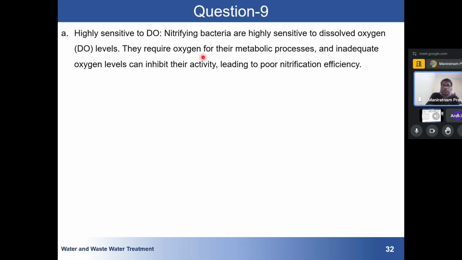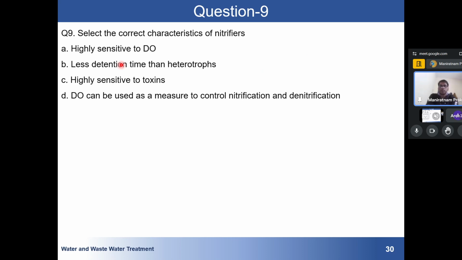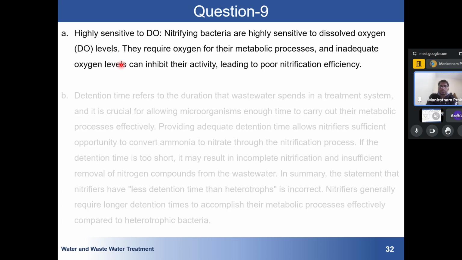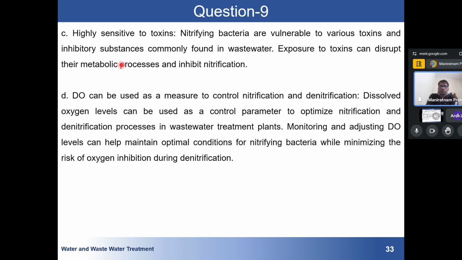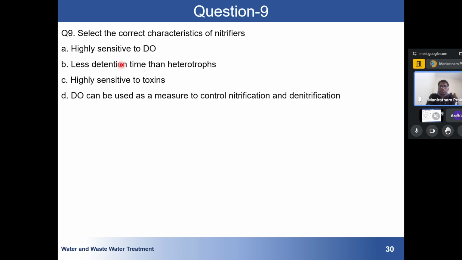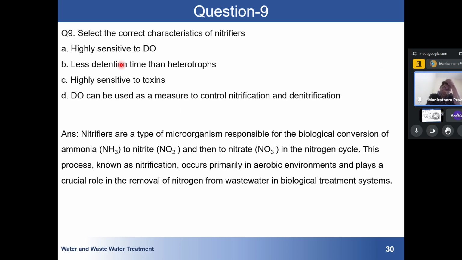They require oxygen for their metabolic process, and inadequate oxygen can inhibit their activity, leading to poor nitrification efficiency. I think I have written the incorrect characteristics.